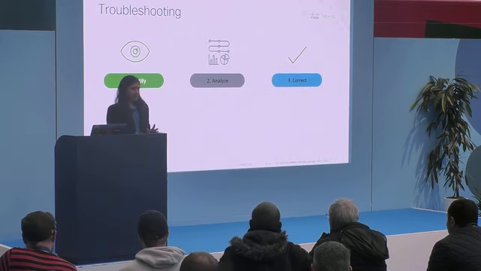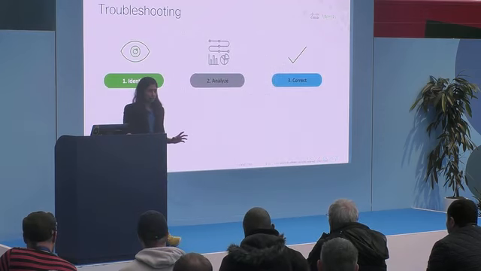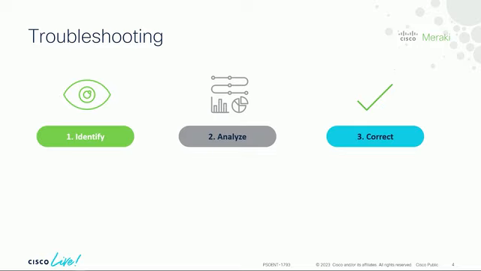No matter what your issues are, it always follows these 3 steps: identify, analyze, and correct. Identifying is knowing that an issue exists. Analyzing is using the data to understand the problem at hand.